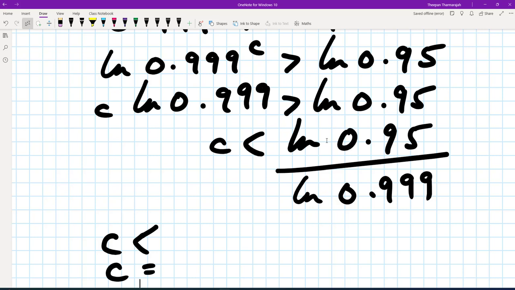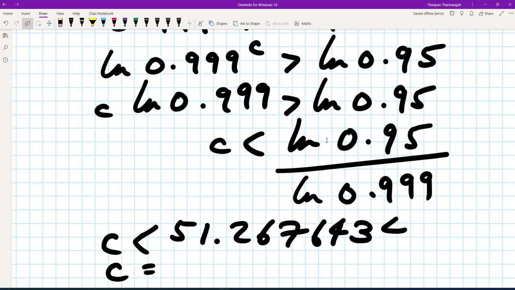We write the true value out with our calculator, and then we can round. Using my CG50, we do ln 0.95 over ln 0.999, and that gives you 51.26764346, which is the same thing as 51.